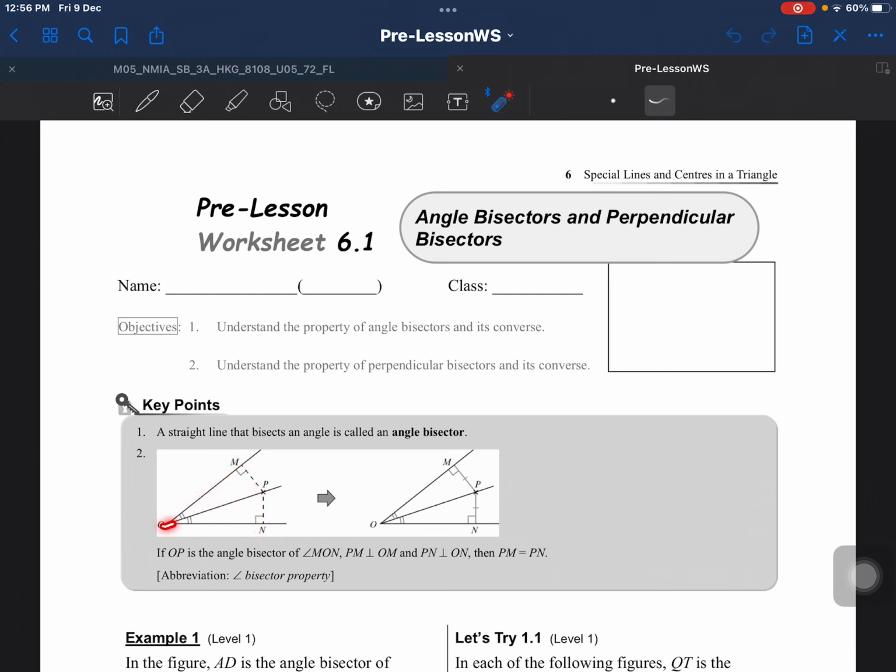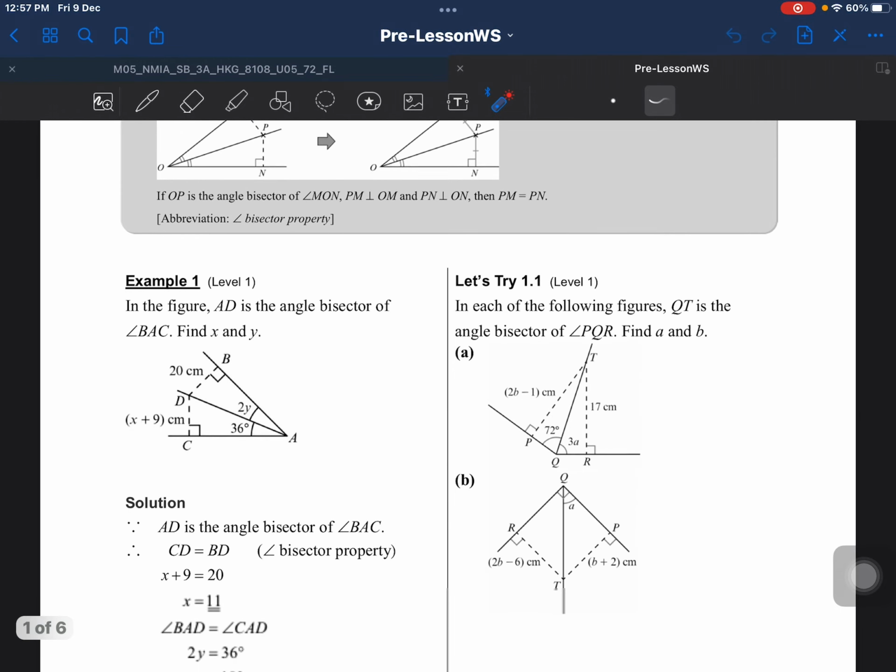Then if OP is the angle bisector, one of the important conclusions is if we measure the distance here, PM and PN, where PM is perpendicular to OM and PN is also perpendicular to ON, these two distances, PM and PN, they are the same. This is the property of the angle bisector. So let us look at one example.